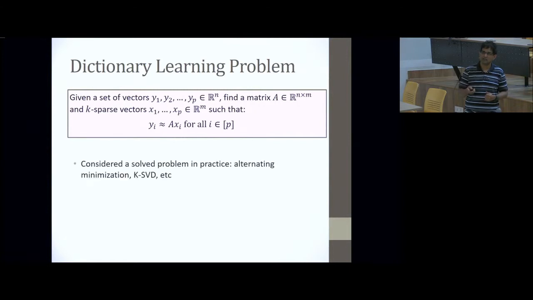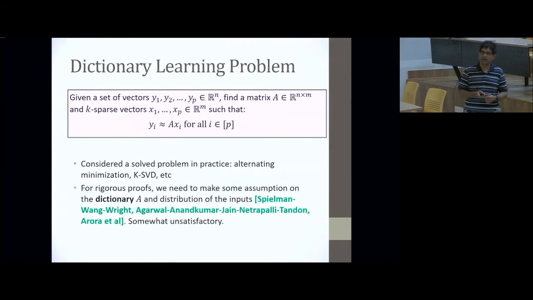And this question is considered a solved problem in practice, so there are many different heuristics, such as alternating minimization, KSVD, among others. And there are rigorous proofs for some of these algorithms, but typically they make assumptions on the dictionary and also on the distribution of the inputs. So you assume that you want to recover a matrix A which has certain properties. I'll talk more about that later.